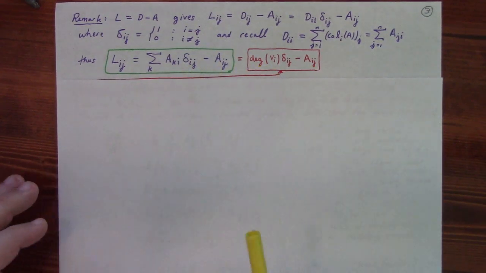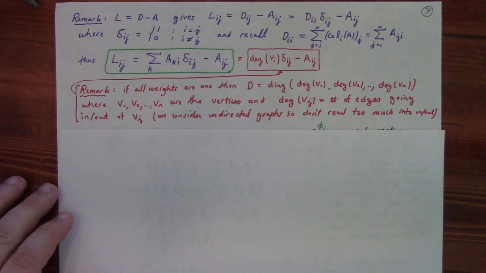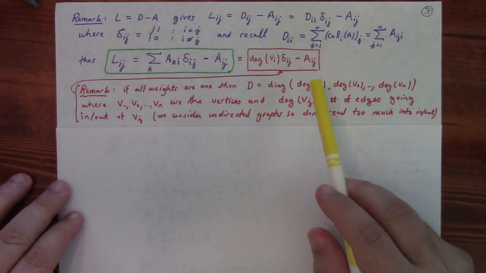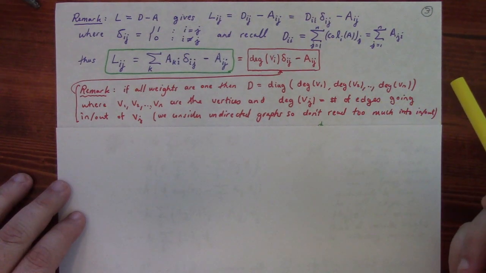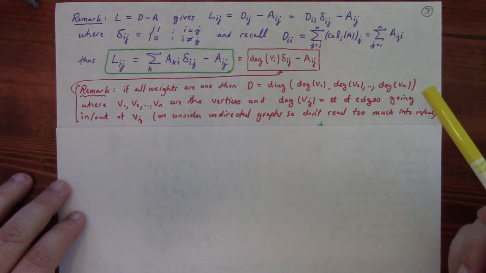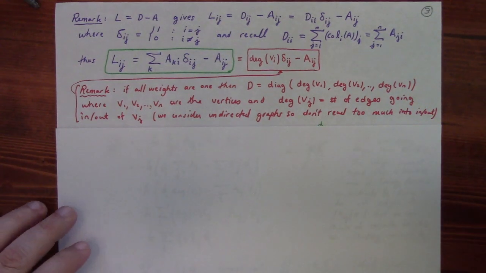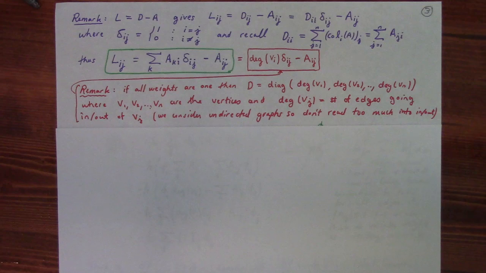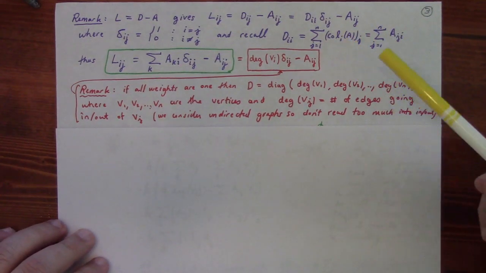Now, this red comment says that if the weights are all 1, then the degree of the vertex is basically the number of edges connected to it. We're looking at undirected graphs, so I shouldn't say coming and going, just the number of edges connected to a given vertex is the degree.